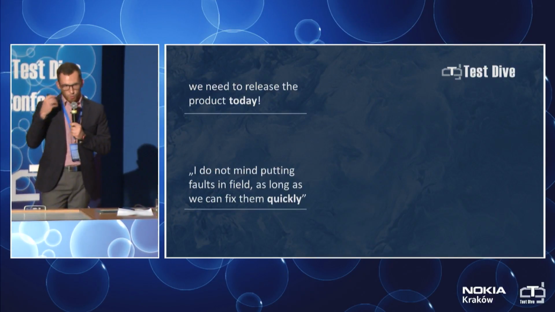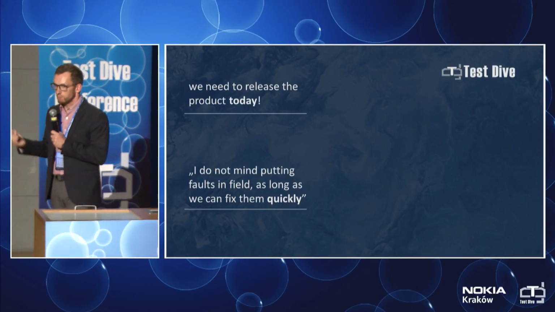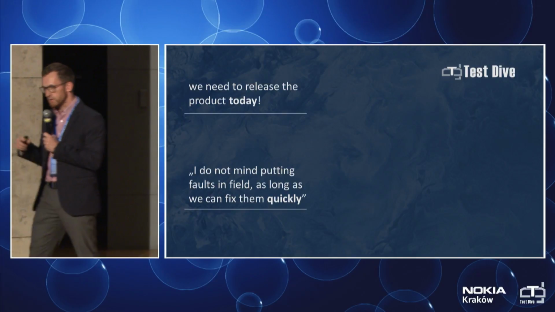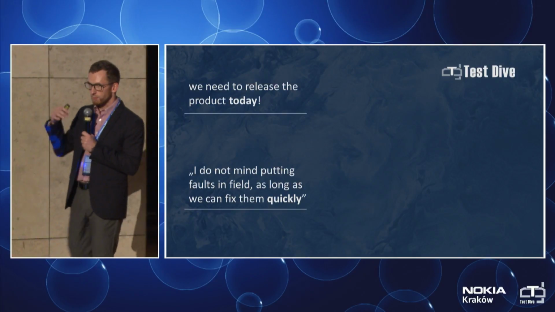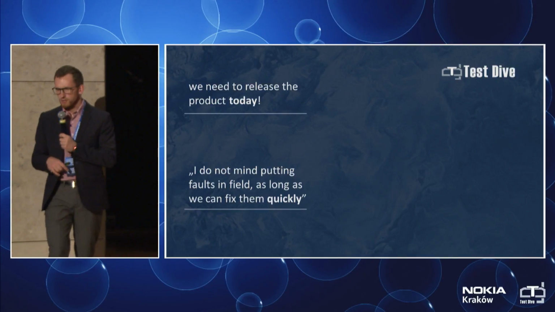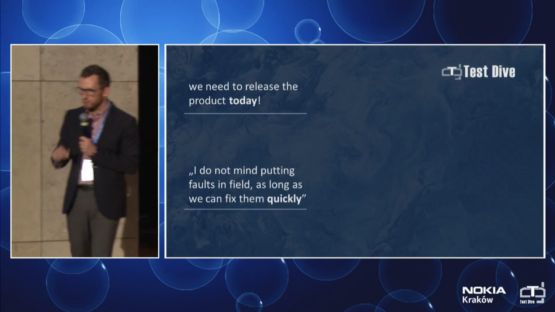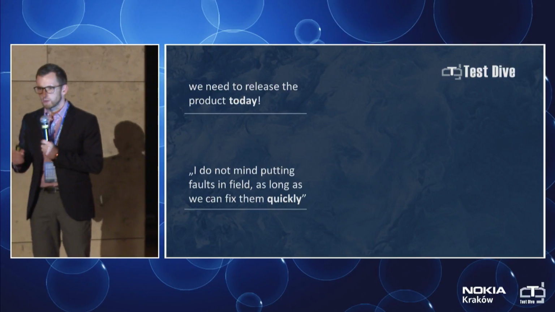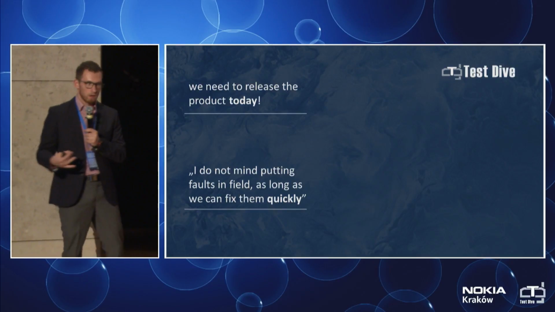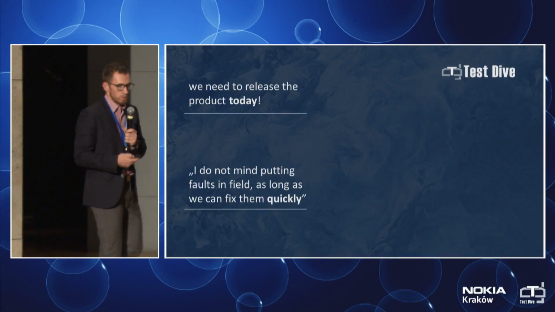Another quote I heard once from actually a manager taking those decisions about the product strategy was that, our product doesn't actually save lives. It's kind of cherry on top, kind of enhancement to the world the product lives in. So I don't need it to be perfect.